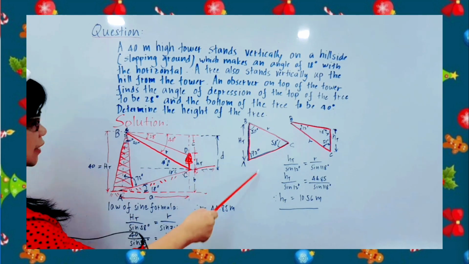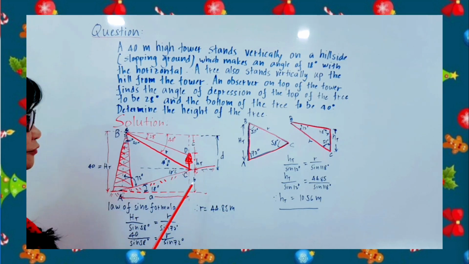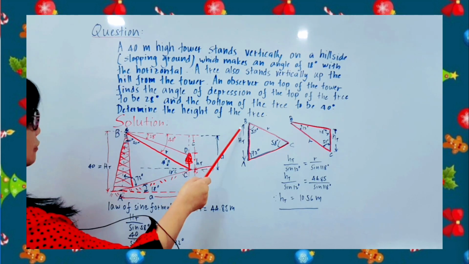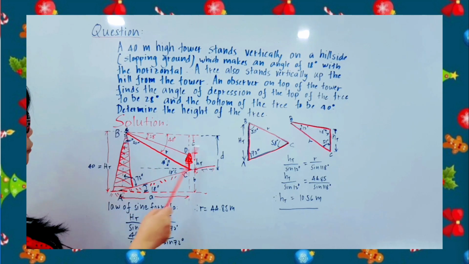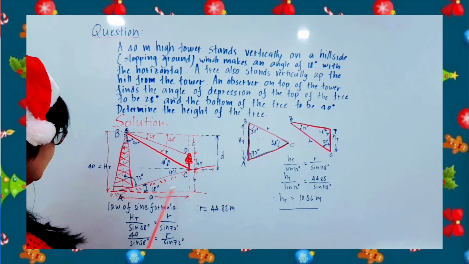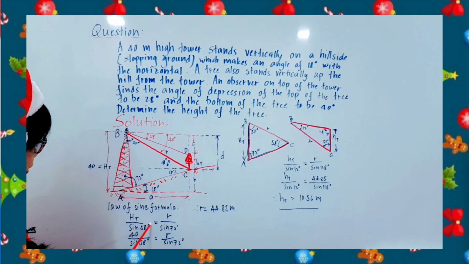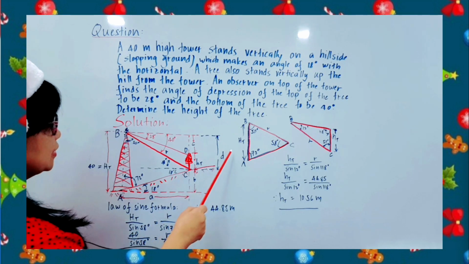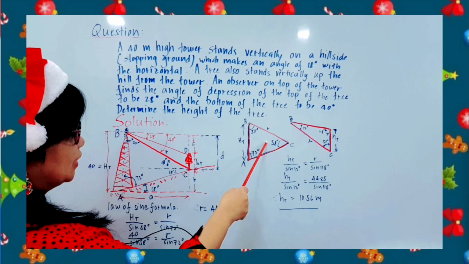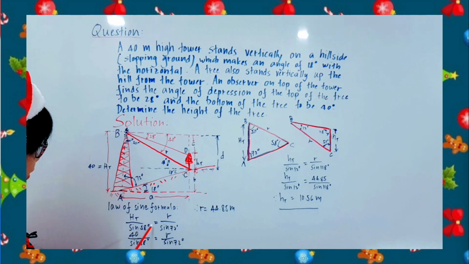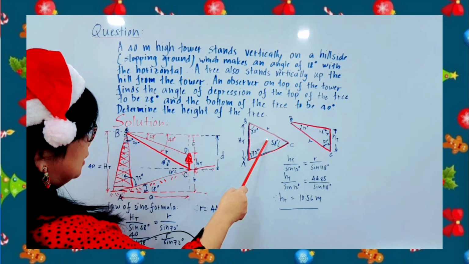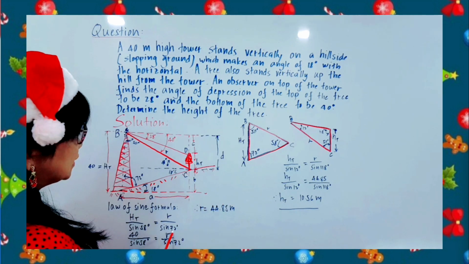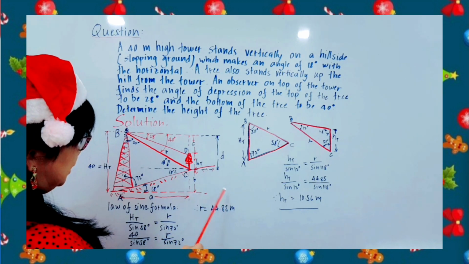Now, from this one, we can use the law of sine formula, dahil ang BA is equal to the height of the tower, which is given to be 40 meter. So, height of the tower over the opposite angle, which is equal to 58 degrees. So, sine 58 degrees is equal to R over the sine 72 degrees.